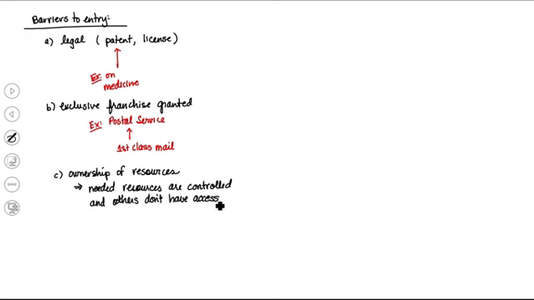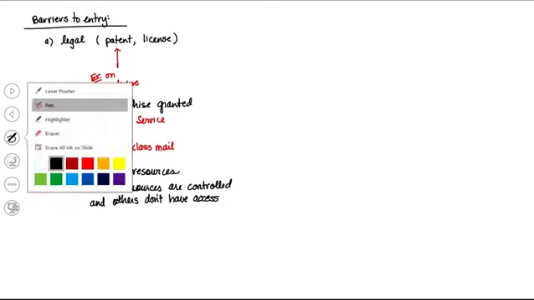So if you control the needed resources to produce something, that would certainly serve as a barrier to entry. And there are some examples.